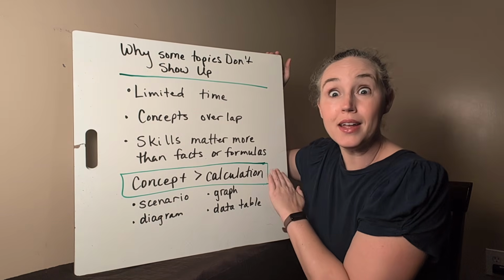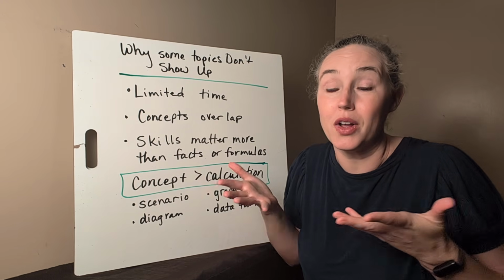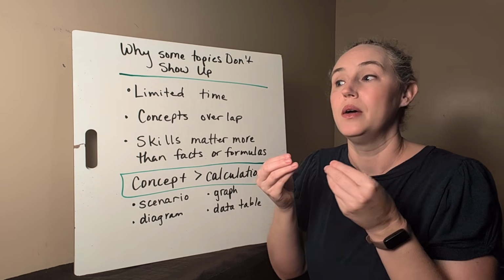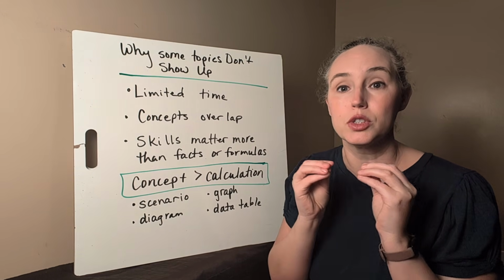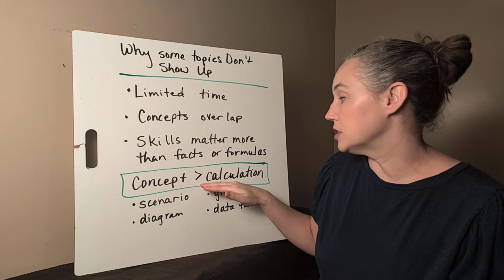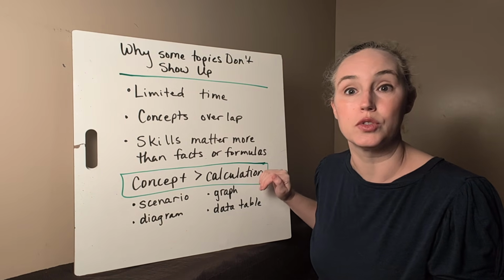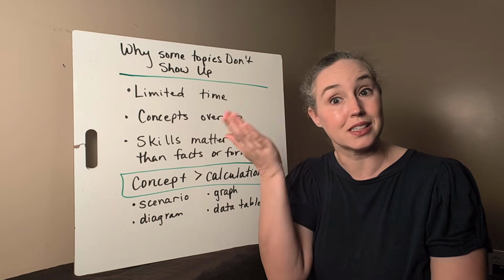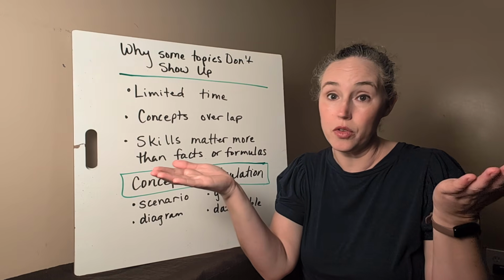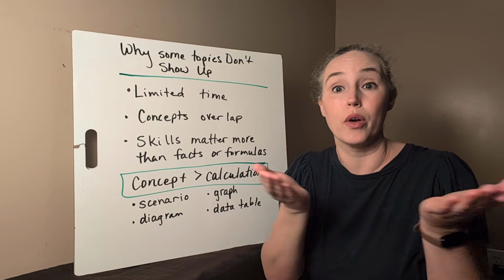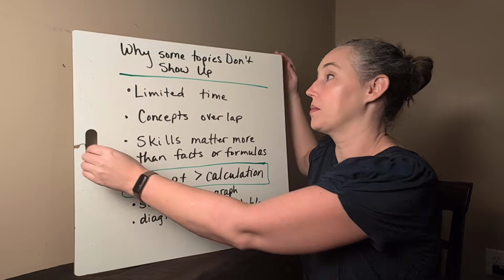Now, they may give you a calculation. So do you still have to know how to do them all? Yes. But what's more important is that you understand not just how to calculate water potential, but if water potential is this in one place and this in another place, where will the water move? That's the important part.